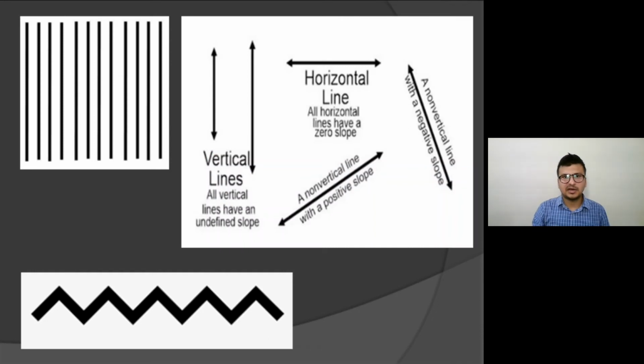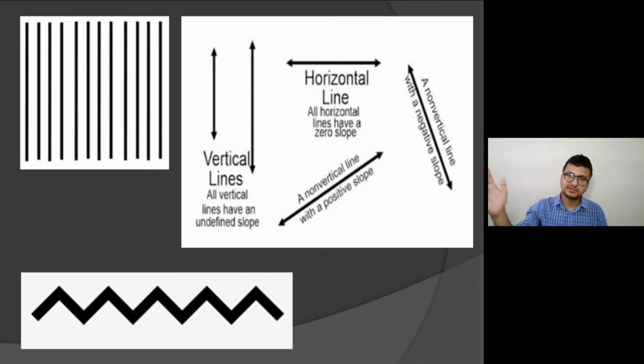So here are a few examples of lines. You can see it's a horizontal line, you can see vertical lines. All vertical lines have an undefined slope. It's important: vertical lines cannot have a definite slope, so it's an undefined slope. These are non-vertical lines with a positive slope.